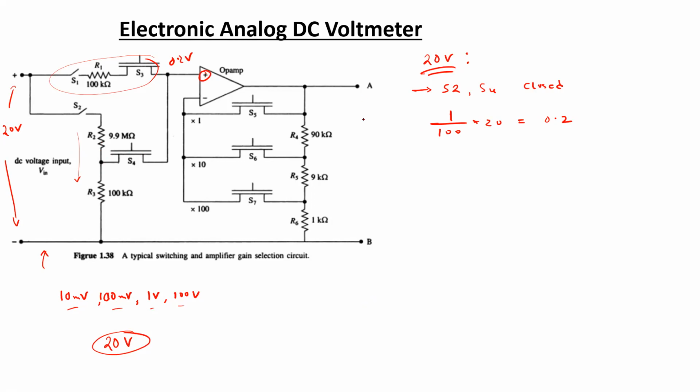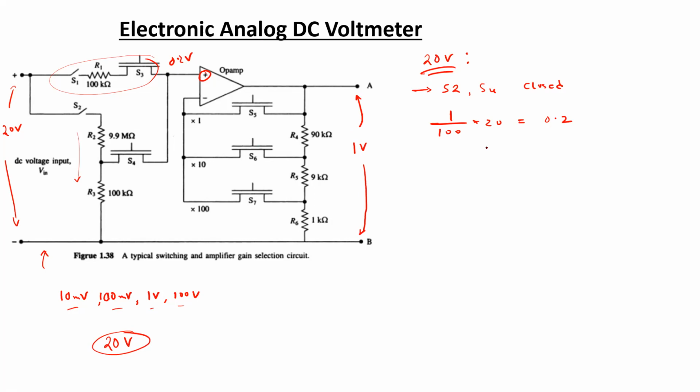So as our terminals A and B have to have a voltage of 1 volt maximum, this 0.2 volts has to be converted into 1 volt using the amplifier.